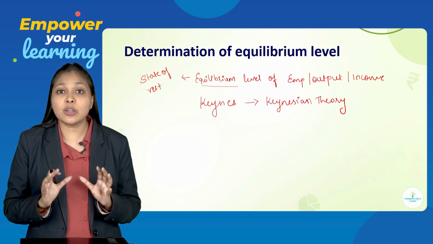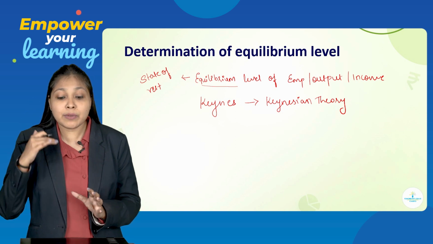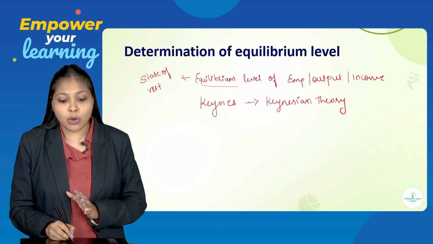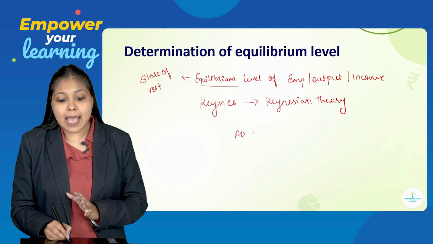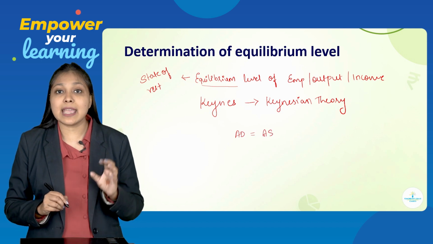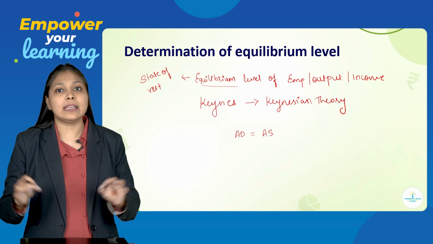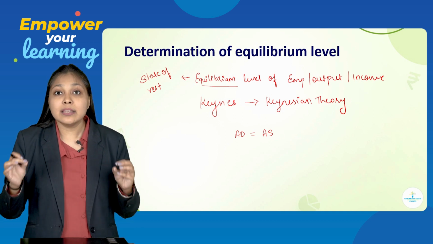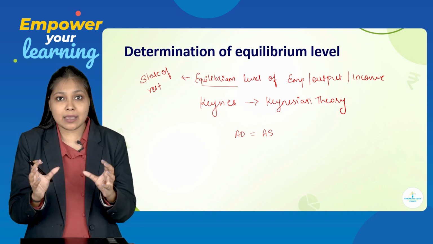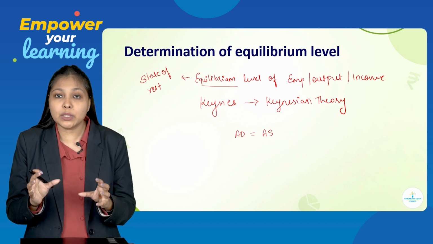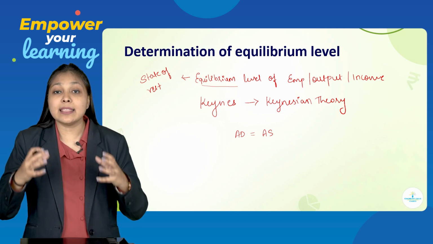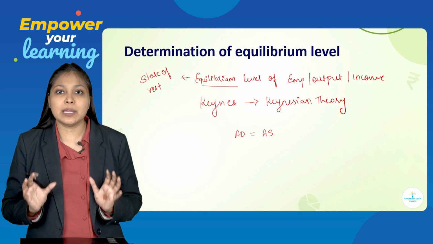Here we are studying the concept on macro level. So, when we talk about macro level, we talk about AD and AS. That means aggregate demand and aggregate supply. That means when these two variables become equal to each other, we say that the economy is at equilibrium level.